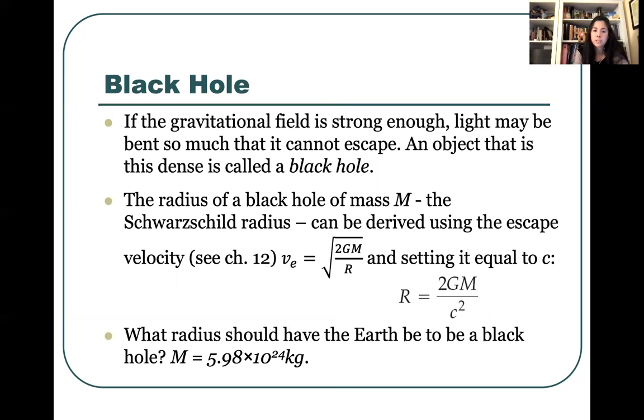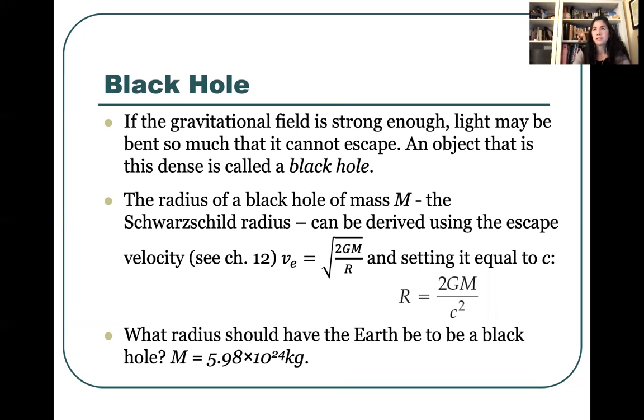And so we're not going to go into all the details. Again, that's something that we could spend a lot of time on. But you can calculate what's called the Schwarzschild radius of a black hole to give you an idea of the point where the light can get to and will not be able to escape.